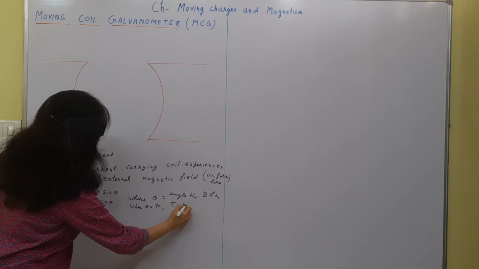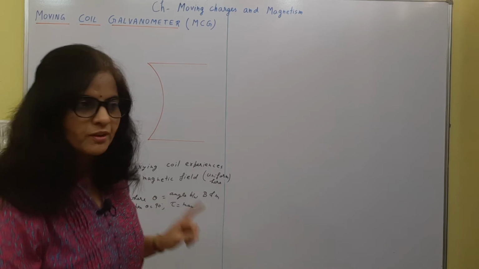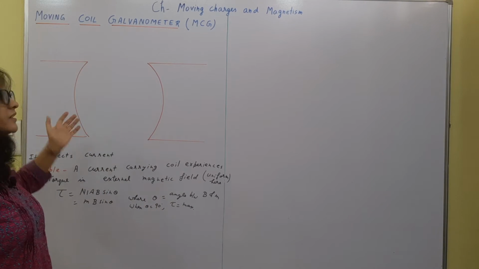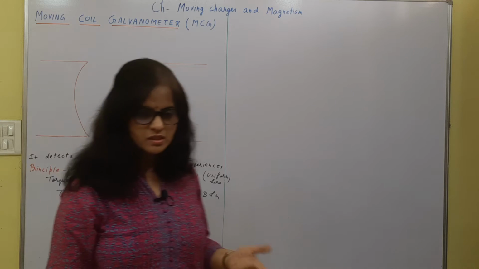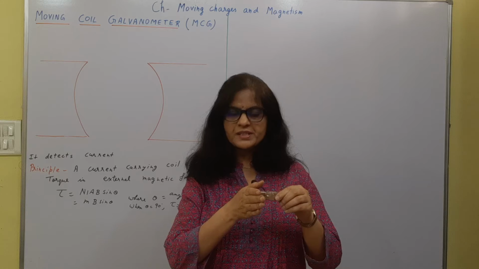Then torque is maximum. For this torque to be maximum, first thing is we are using here cylindrical magnets. Cylindrical magnets means we know that if we have simple bar magnet, it will have a flat surface.